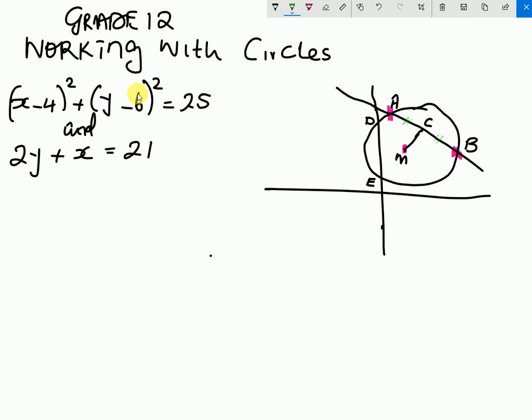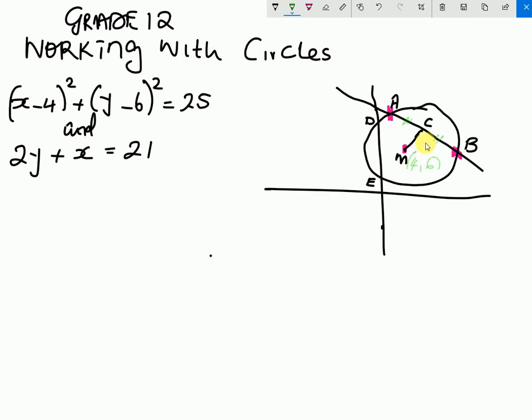Can we find the center from this one quickly? Yes. The center from that one is 4 and 6. It's easy, people. We're only taking the opposite sign. Do you remember that if it's -4, we're taking +4? And -6, we're taking +6, the center.